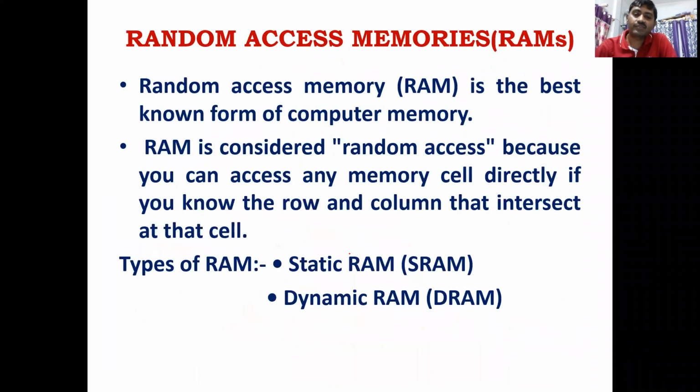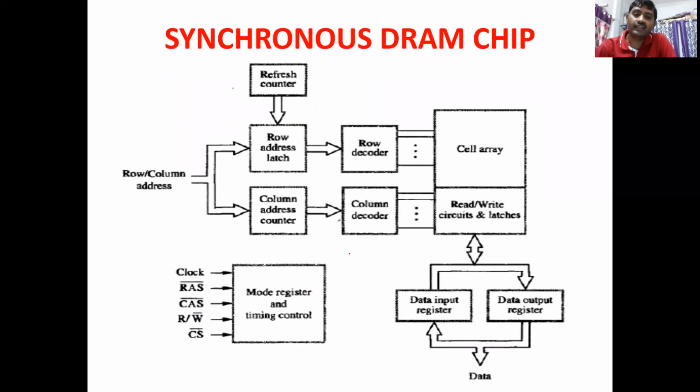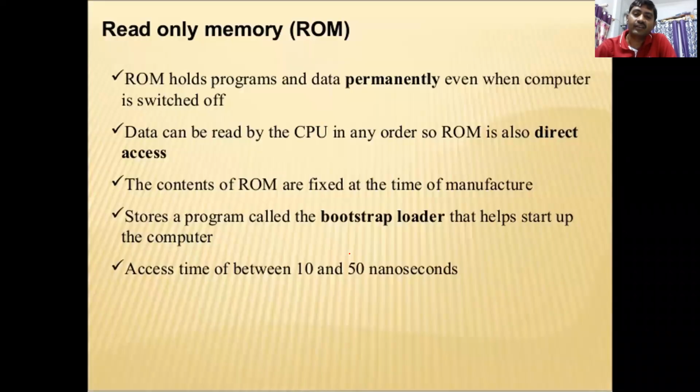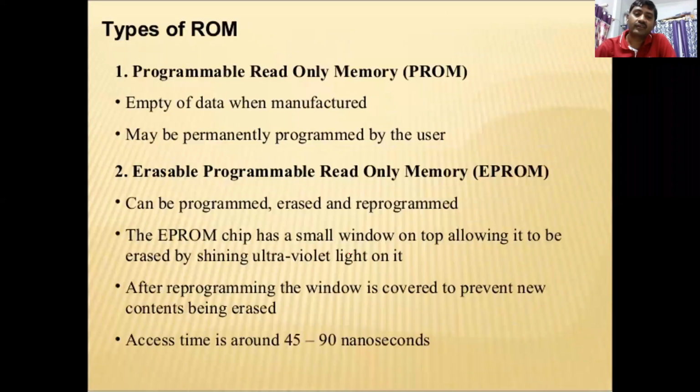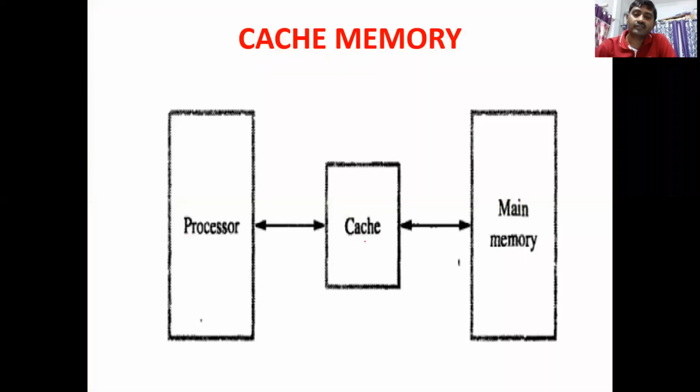The cache memory is generally placed in between the main memory and the processor, right? Why is it so? Generally, when the processor is executing instructions, it sometimes keeps referring to the same instruction again and again.